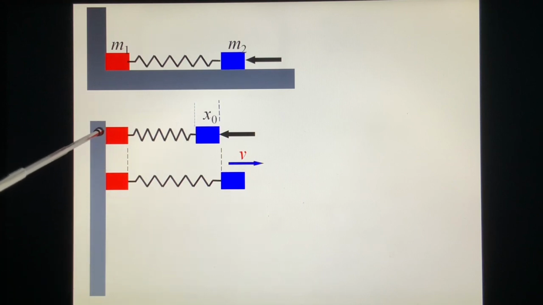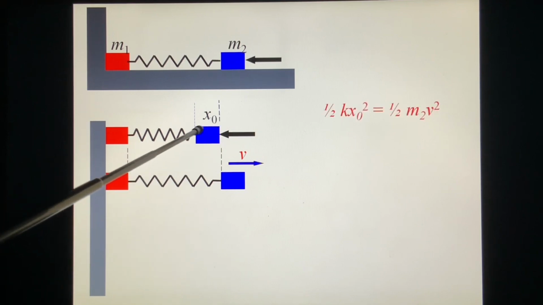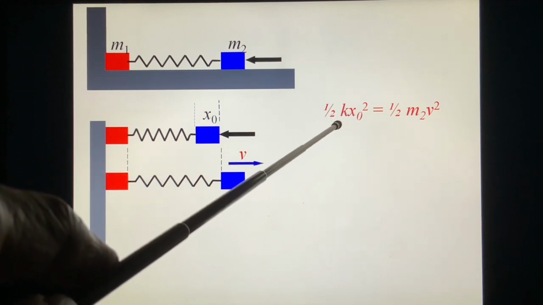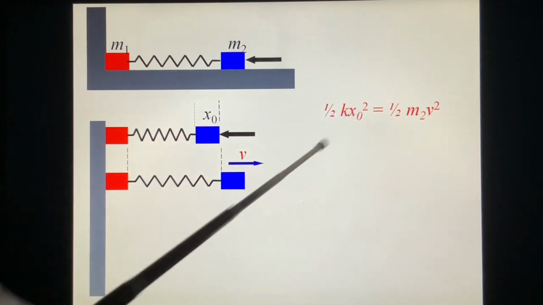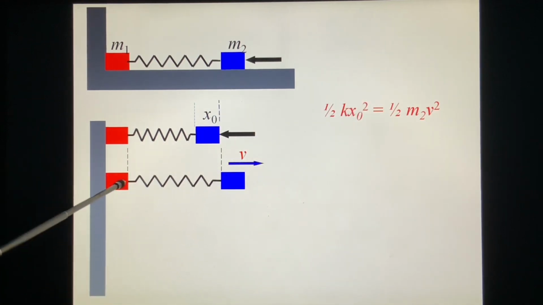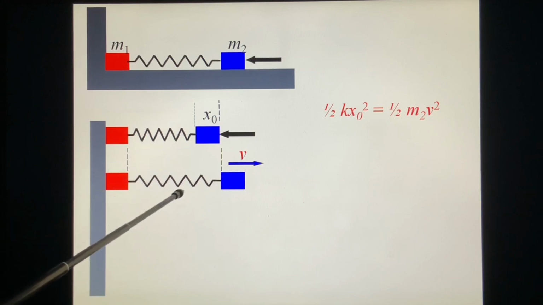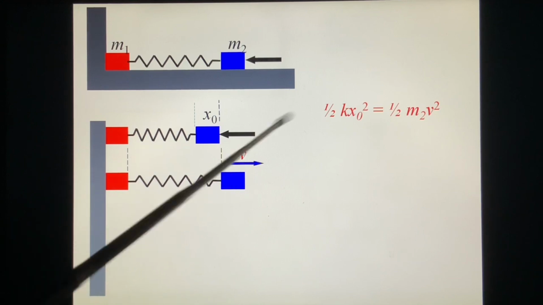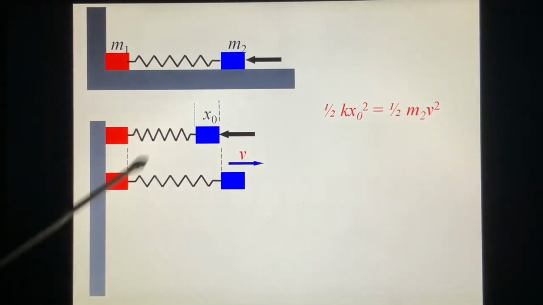There is a force acting on this system, but the point of action never moves, so no work is done on this system. So originally the potential energy is half k x0 squared, equal to, at the natural length with no potential energy, the kinetic energy half m2 v squared. We get v. What next?